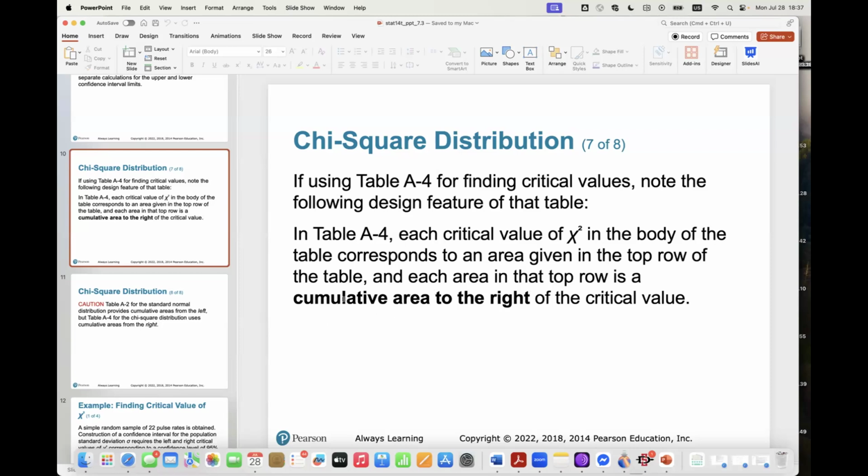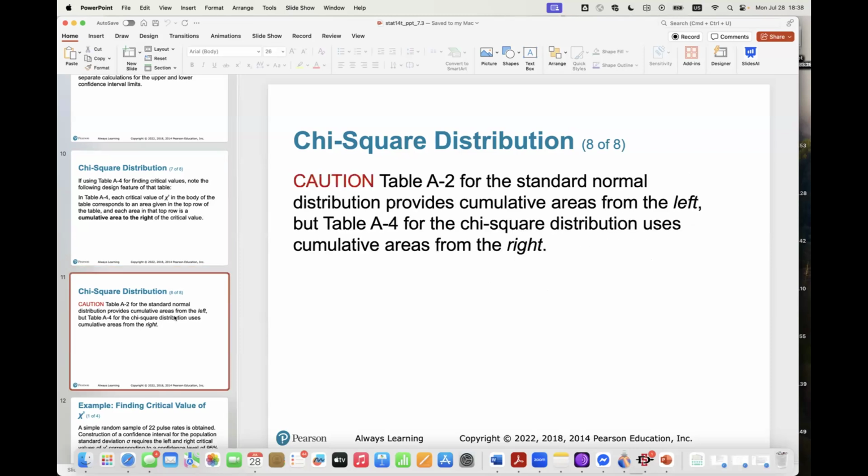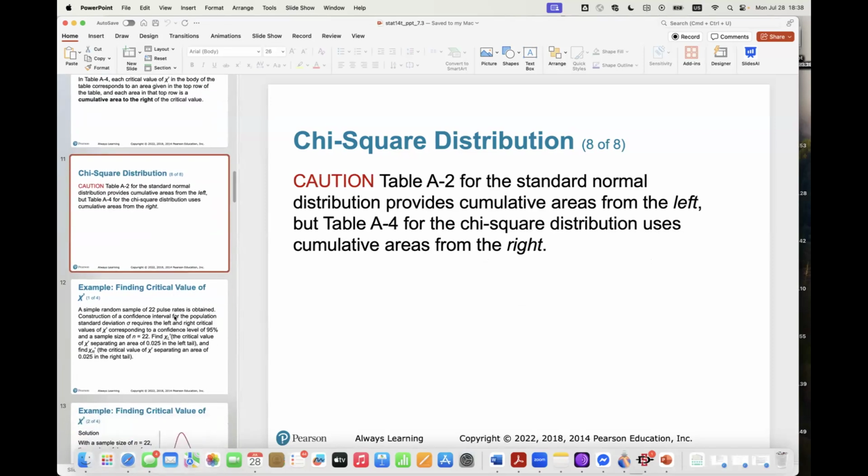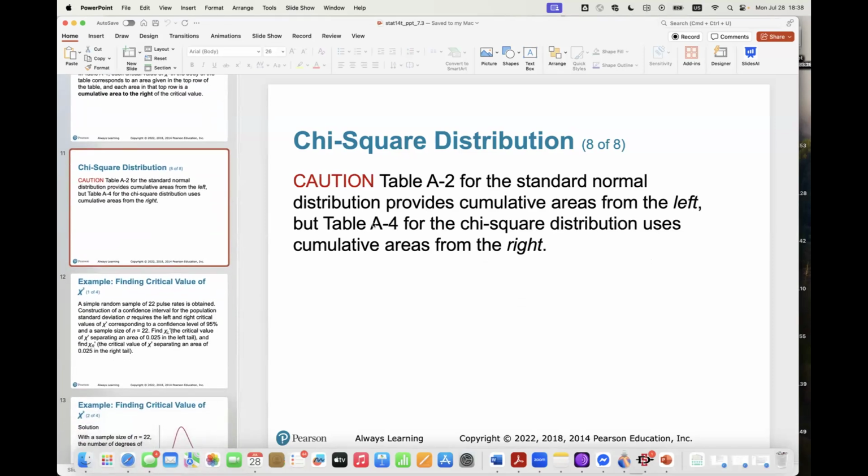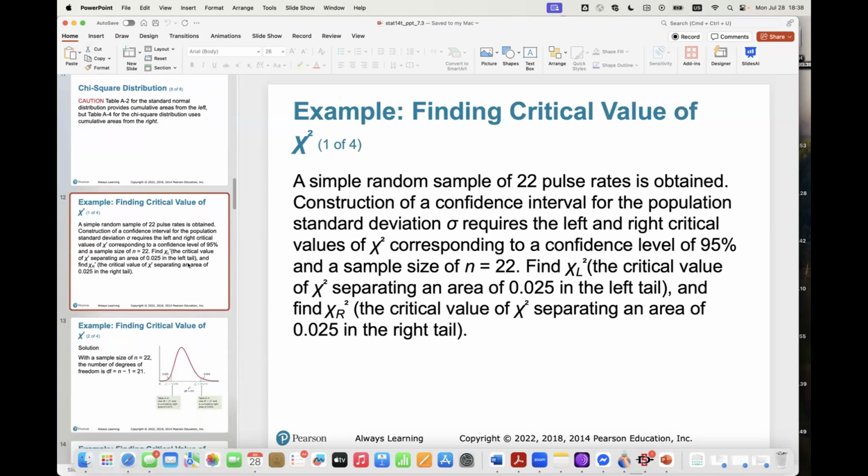Now in this case, remember it's the cumulative area to the right, not the area to the left of the critical value, right? Table A2 for the standard normal distribution provides cumulative area from the left. This is just a recall from the previous chapter. But table A4 for the chi-square distribution uses cumulative areas from the right. That's the main difference.